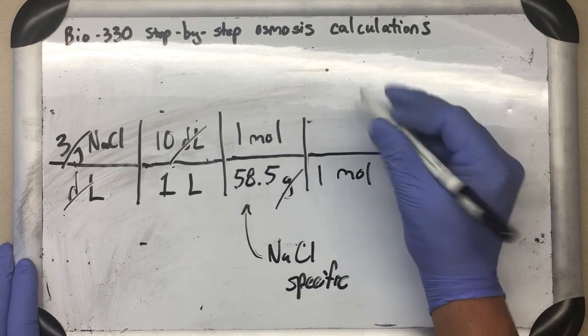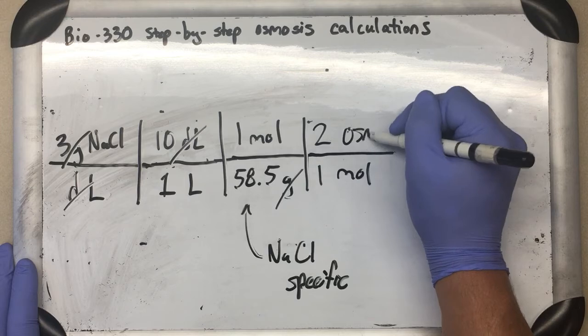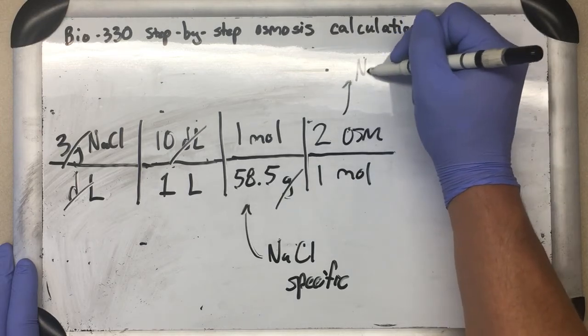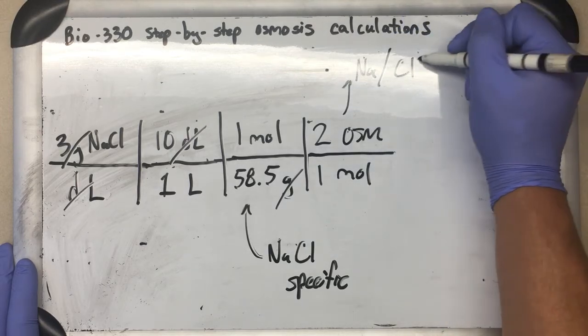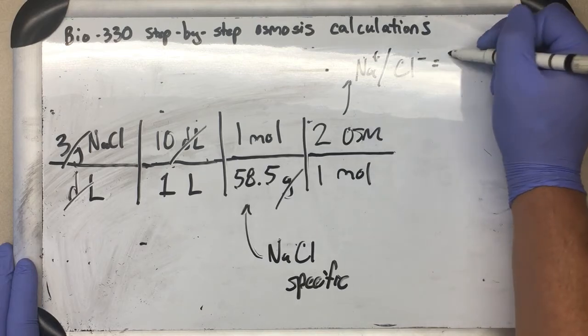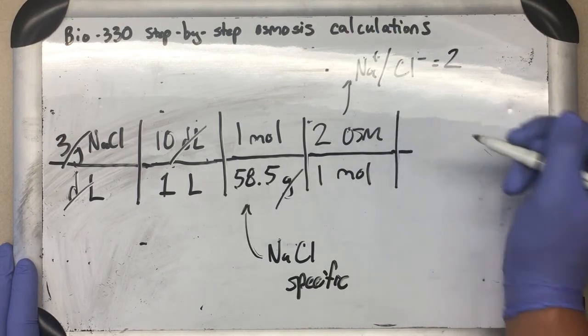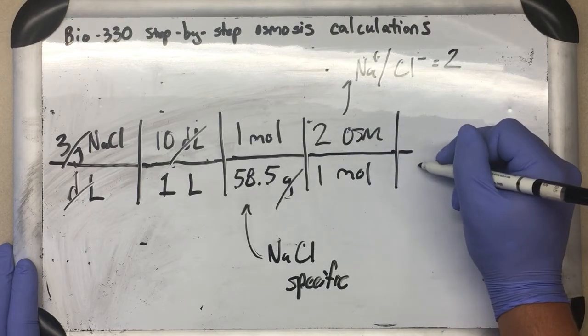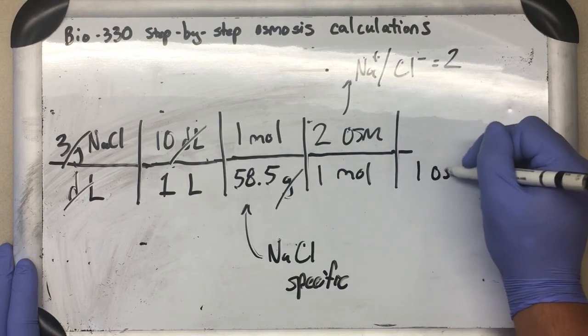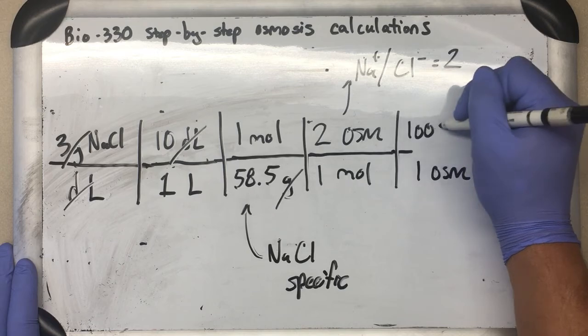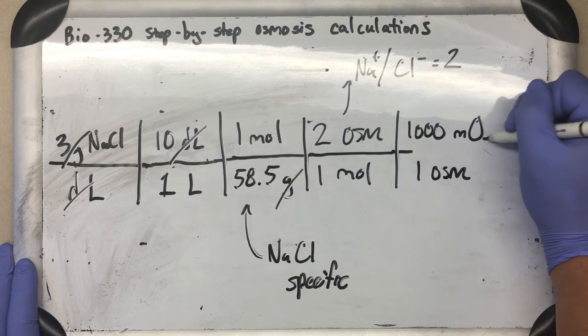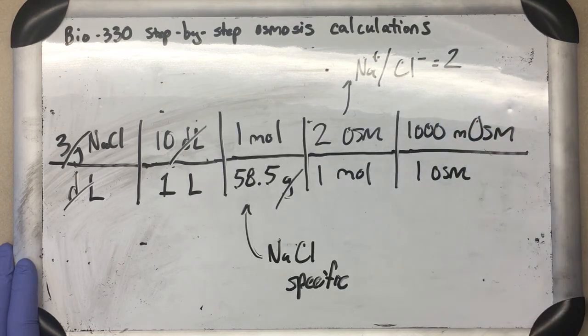Per each mole, there are 2 osmoles because there are 2 molecules that are going to show up in water that are actually going to get separated. And per 1 osmole, there are 1,000 milliosmoles. Okay?